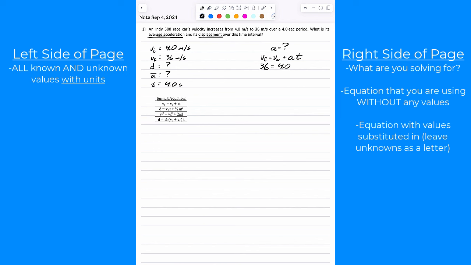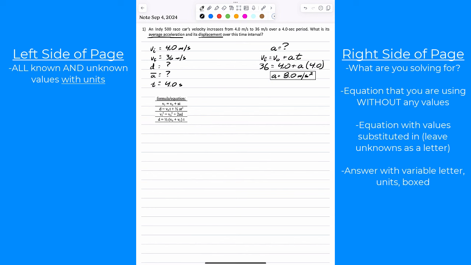And that is plus an unknown acceleration multiplied by, well, I know time is 4.0. So there's my substitution. And then the last step is to write my answer, which is going to be A equals, and it's calculated to be 8.0 meters per second squared. Again, units are super important, and also important, you put a box around it. All right, so that's my final answer. Units, sig figs are accounted for, 2 sig figs, and a box.